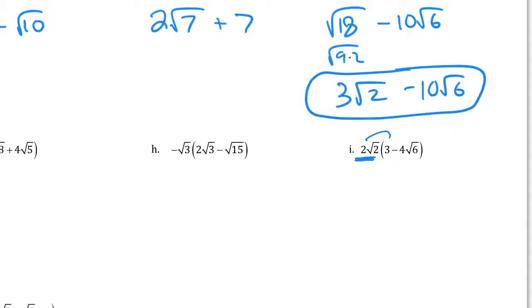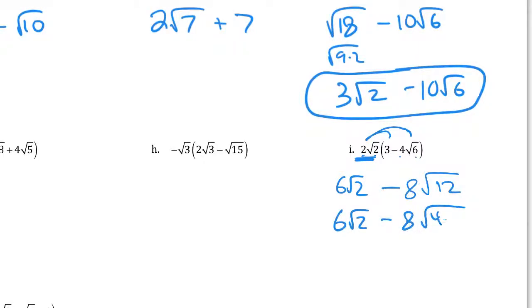I'm going to get 6 root 2, because I did outsides 2 times 3, minus 2 root 2 times 4 root 6. The outsides of the 2 and the 4, which is 8, root 2 times 6 is 12. 12 can simplify, so I'm going to get 6 root 2 minus 8 root 4 times 3. So I get 6 root 2 minus 8 times 2 is 16 root 3, because square root of 4 is 2.